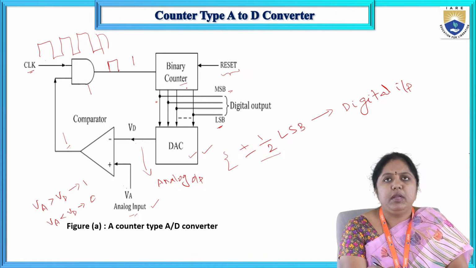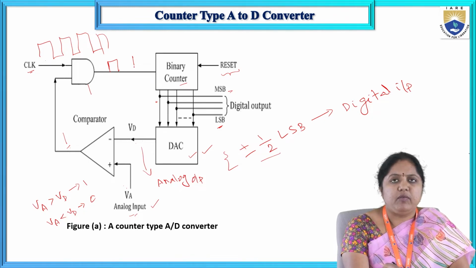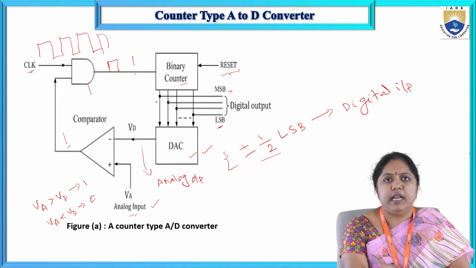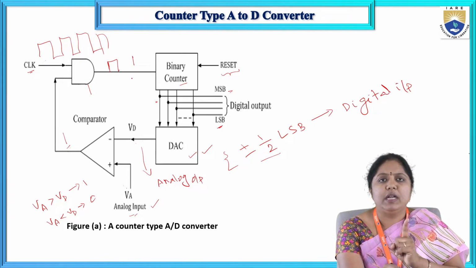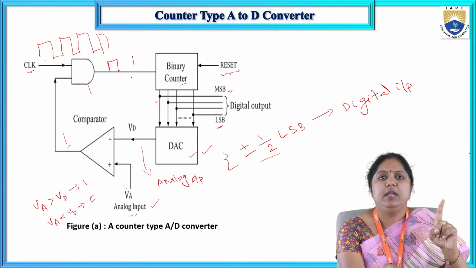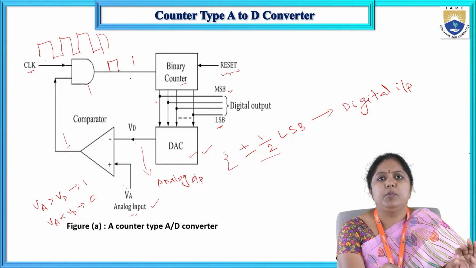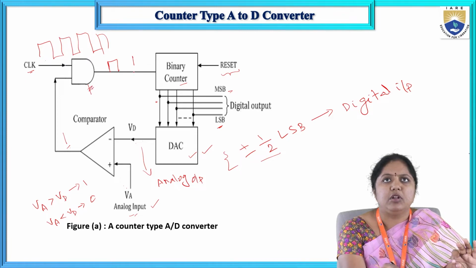In what way will it count? At one time it got a clock, so it identifies that one clock has passed. One clock has passed means, indirectly, the comparator output value is 1. When the comparator output is 1, then only the output of the AND gate is also 1.